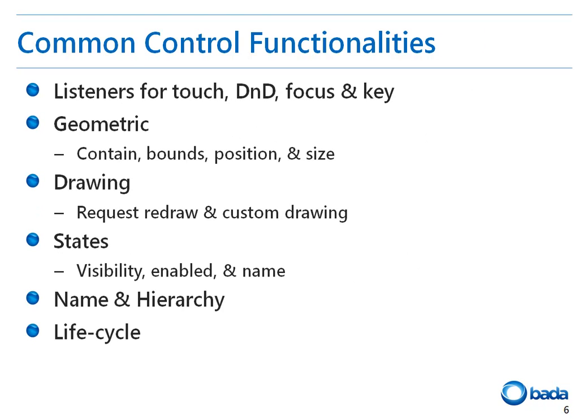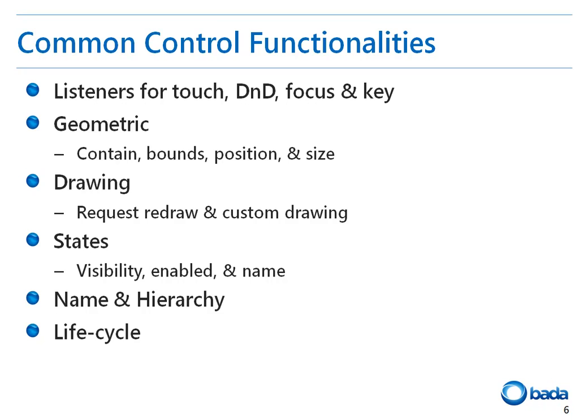Next, let's have a look at the common features of the bada UI control. First, you can add listeners to the bada UI controls to handle touch, drag and drop, focus, and key events. The geometric functions provided by the controls include functions to set and get the bounds, position, and size, and the contained function is provided to identify if a point is within the control or not.